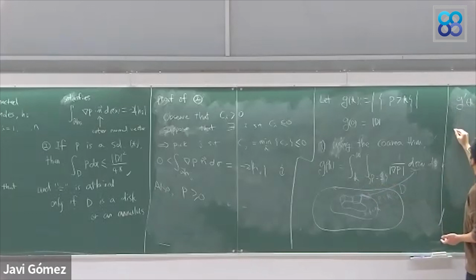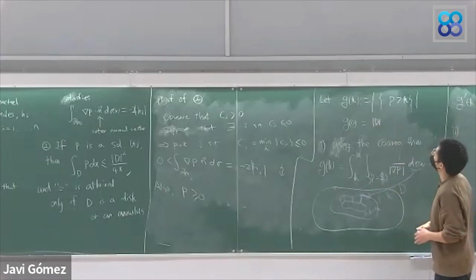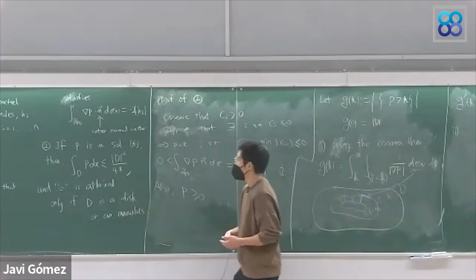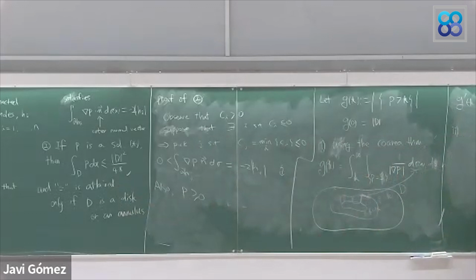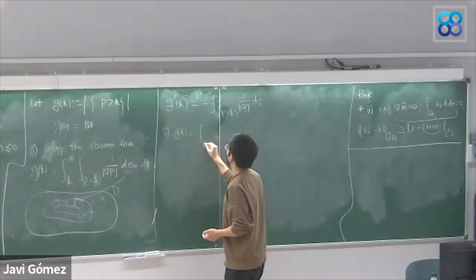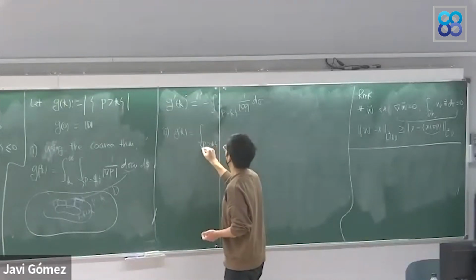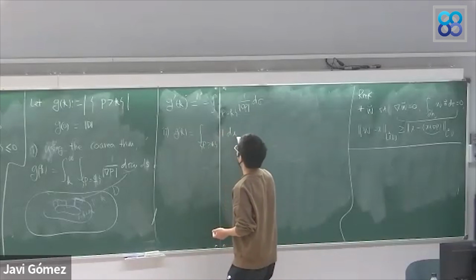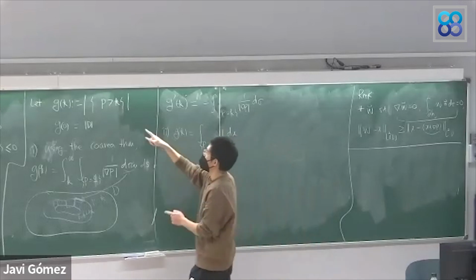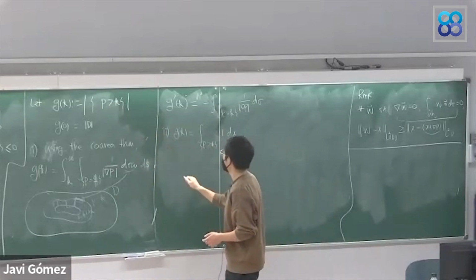So now we're going to estimate G'(K) in different ways by using the fact that P solves a certain elliptic equation. G(K) is the integral of 1 on this level set. Nothing changed, it just directly follows from the definition.